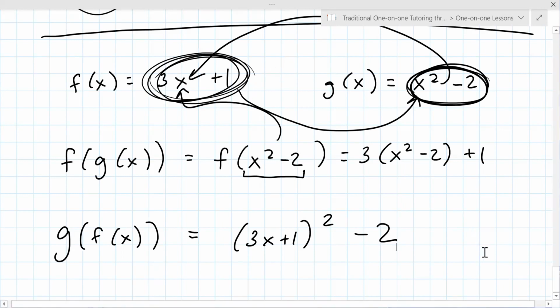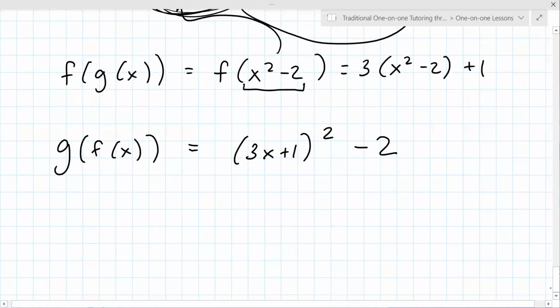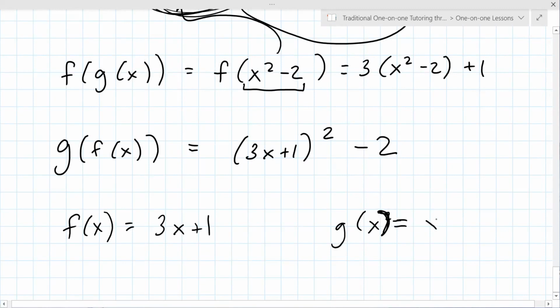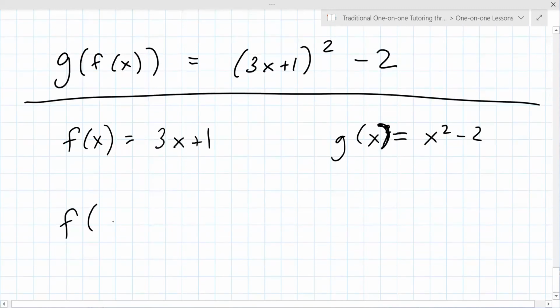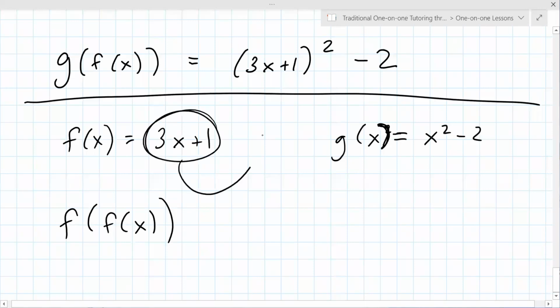All right, that's good. Now, let me rewrite these one more time. F of x is 3x plus 1, and g of x was x squared minus 2. Okay, so now let's try this f of f of x. What that means is you take this 3x plus 1 and you put it back in for x.